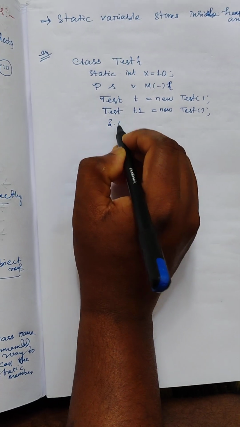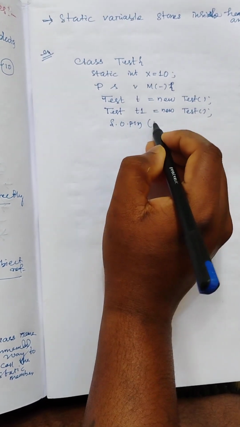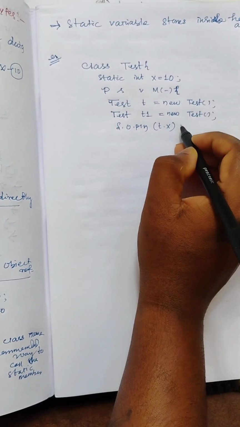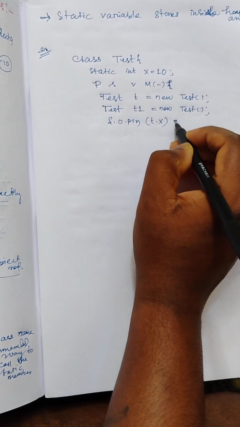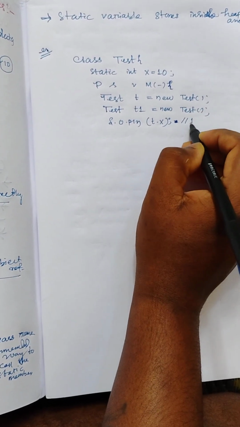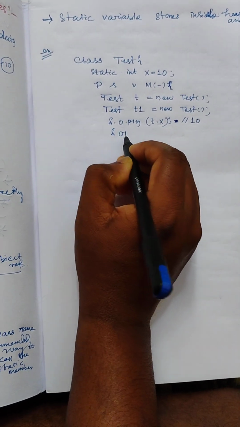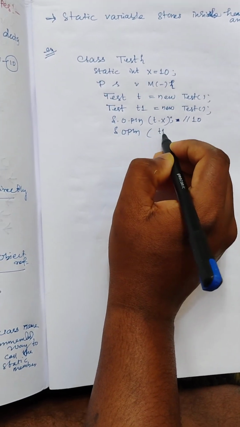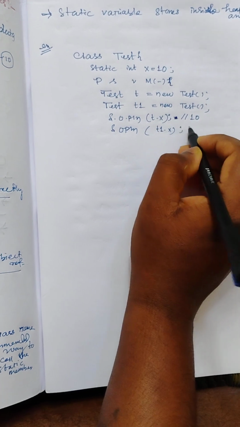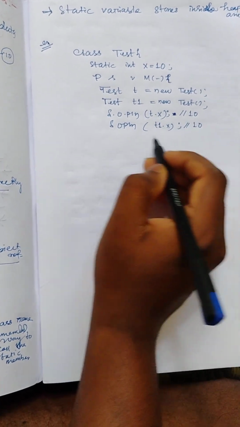Suppose I print System.out.println t.x. The output will be 10. Then System.out.println t1.x. The output will be 10.